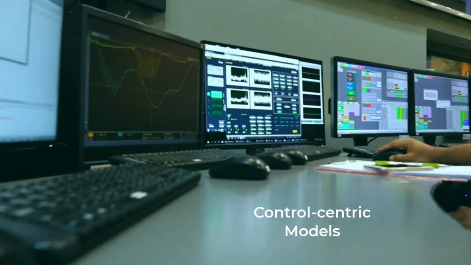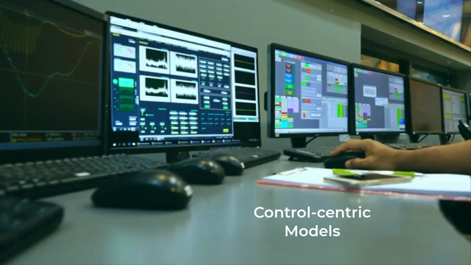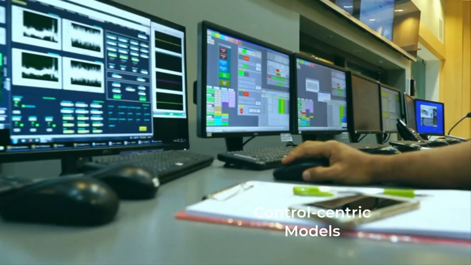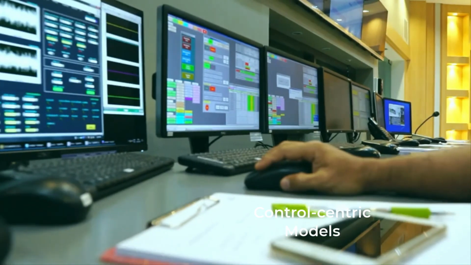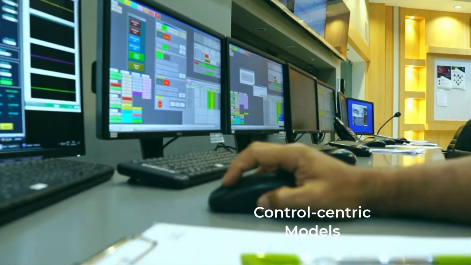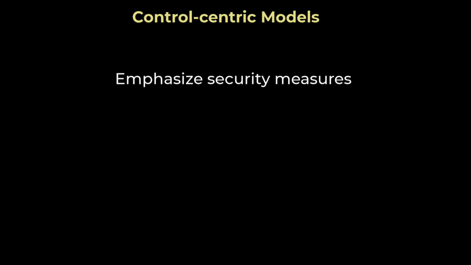Control-centric threat models focus on identifying security risks and mitigating them through the implementation of specific security controls. Unlike other threat models that primarily assess threats based on attackers' perspectives, vulnerabilities, or business impact, control-centric models emphasize security measures and how they can be applied to reduce or eliminate risks.